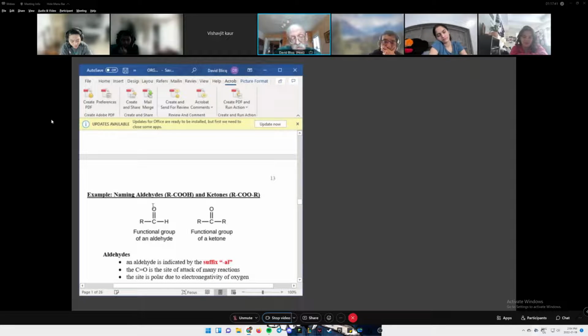This site here is the business end of a ridiculous number of organic chemistry reactions, not to mention biochemical reactions. Same thing here, a carbon and an oxygen. Because the oxygen is electronegative, it is always pulling electrons towards itself. That means this will always be a little more negative, and it means this carbon, the carbonyl carbon, will always be a little more positive.